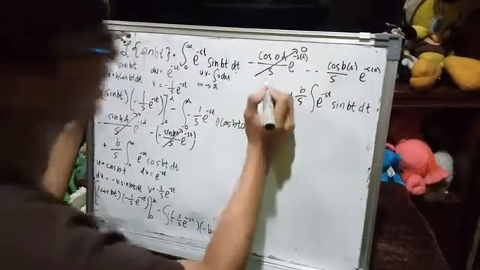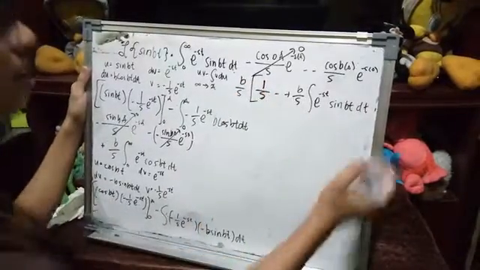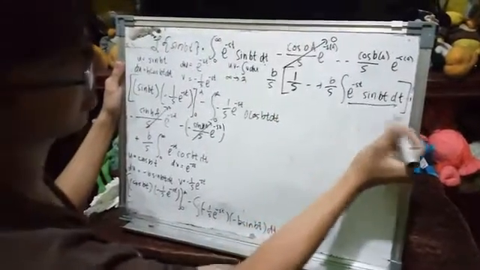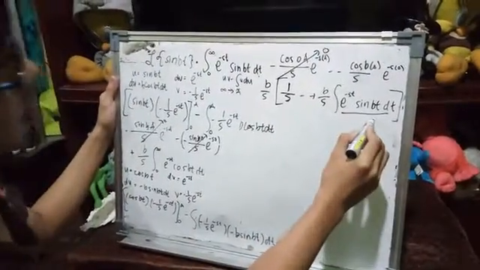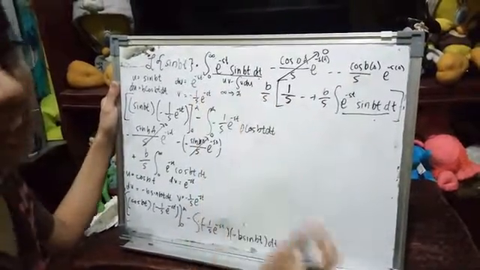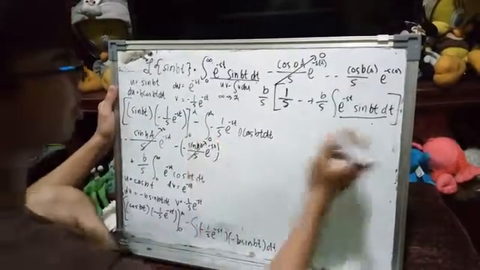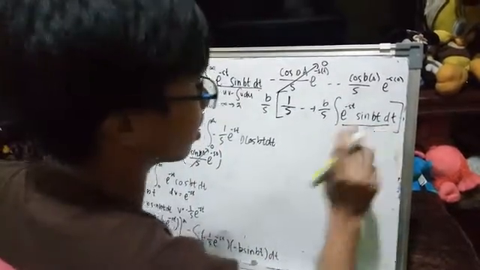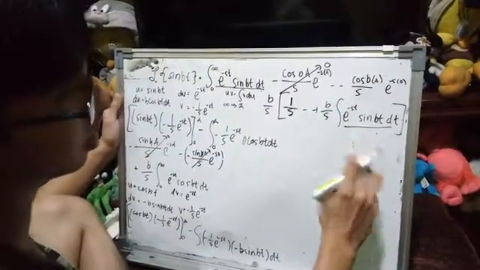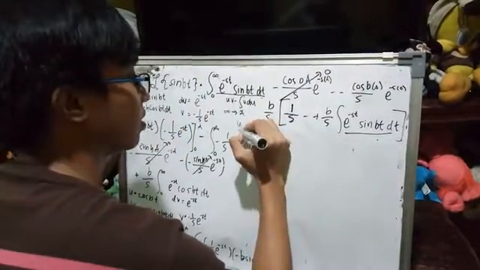Now let's not forget the b over s on the outside. You can see that this equation and this equation are the same. So we can just let the integration of e raised to negative st sine bt dt be y.